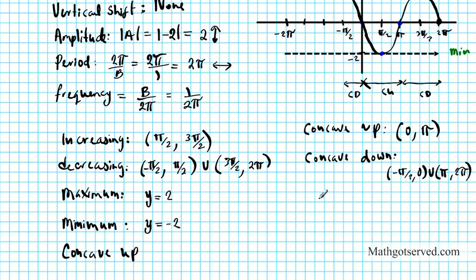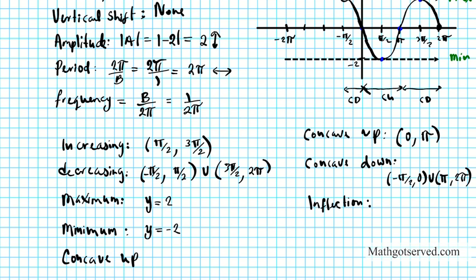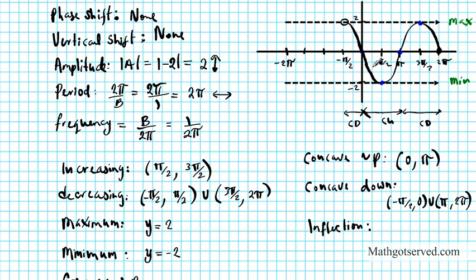Next thing we need is the point of inflection. At what point does the concavity change? It changed twice, if you notice. It changed from concave down to concave up at 0. This is a point of inflection.